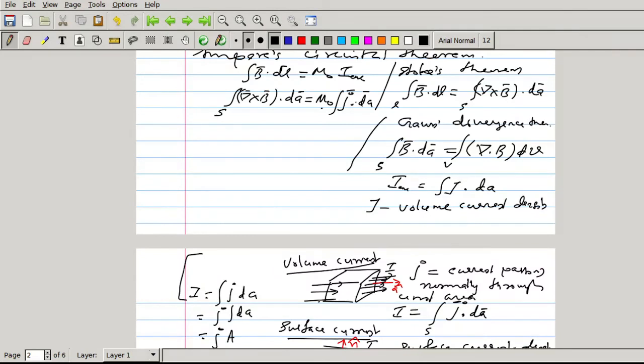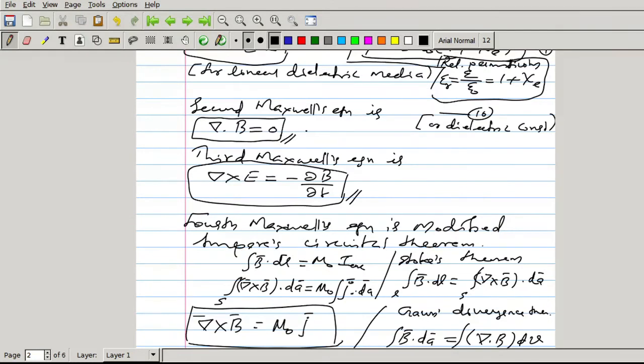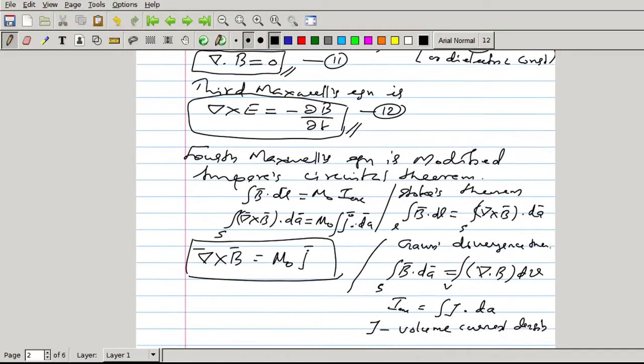Now del cross B dot dA equals mu 0 J, or we can write it in differential form: del cross B equals mu 0 J. I can write this as equation 13.